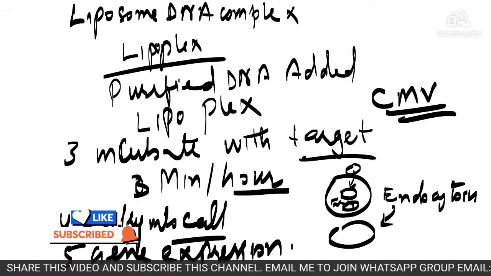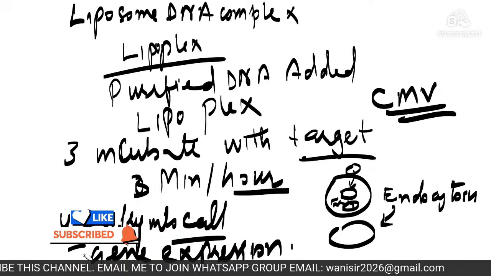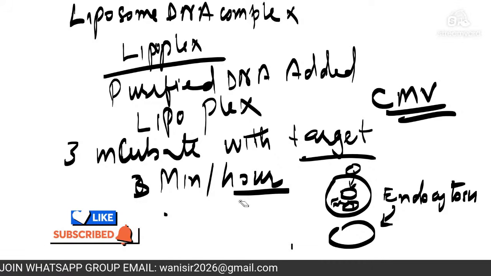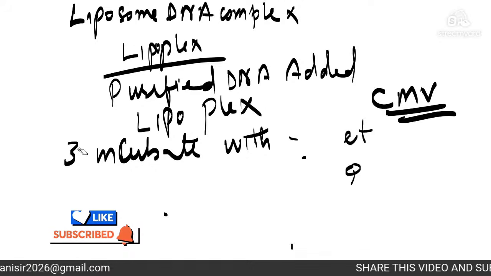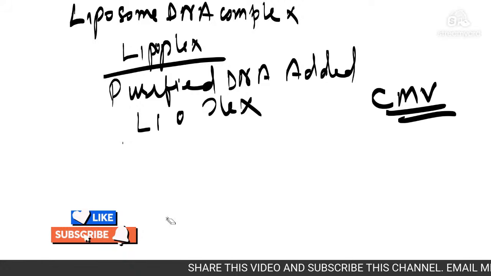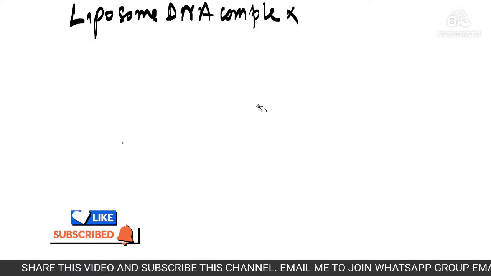So why use liposomes? What are the advantages and limitations of liposomes? This is very important to understand. You will ask why we are studying liposome-mediated gene transfer if we have vectors, direct gene transfer and the gene gun.